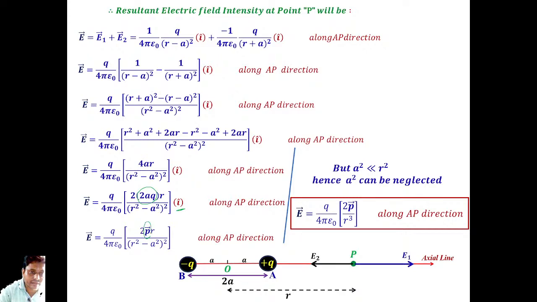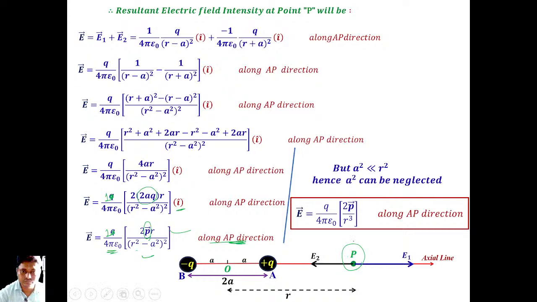I mistakenly wrote q, I told you that you have to write 1 here. So finally we found that this one is the answer: 1 by 4 pi epsilon 0 into 2 p r by (r square minus a square) whole square along the AP direction, the net electric field intensity at point P.